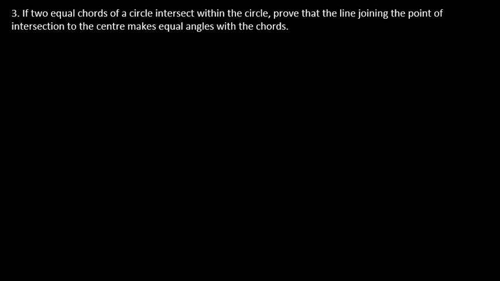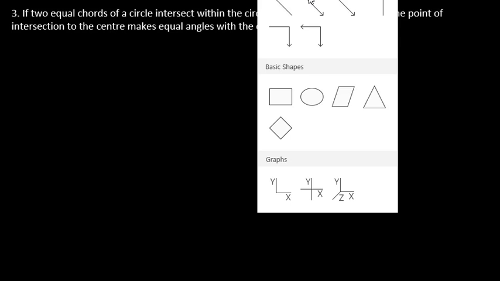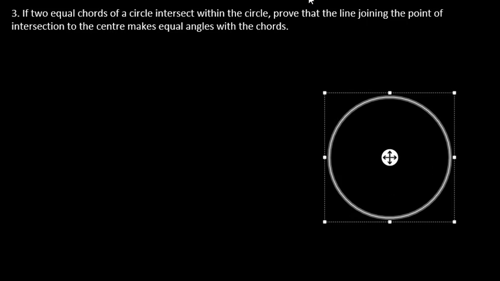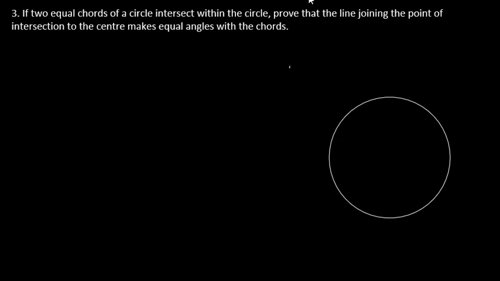So again I have a circle. Now in this circle I have two equal chords. So let us draw two chords. Say this is one chord and this is another chord. Name them AB, CD.